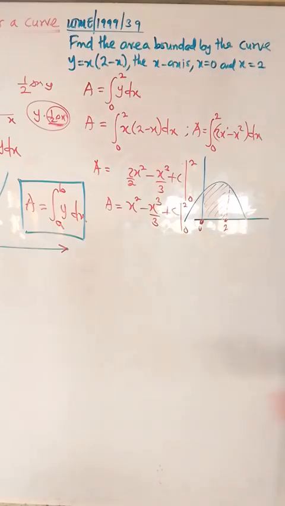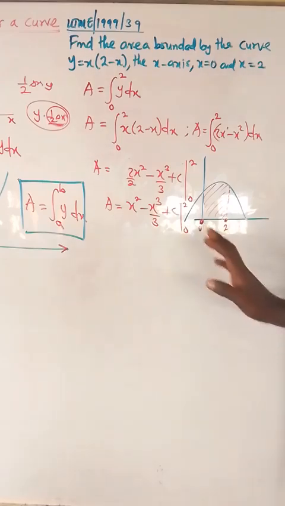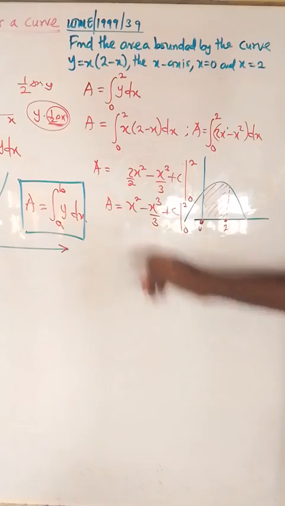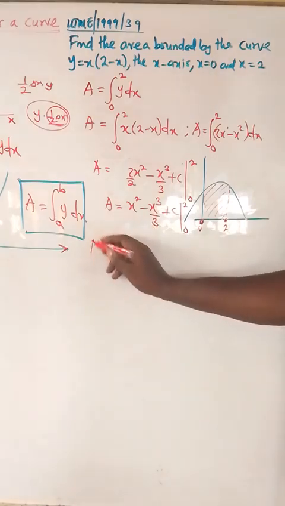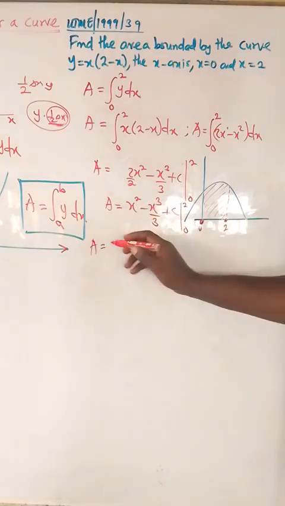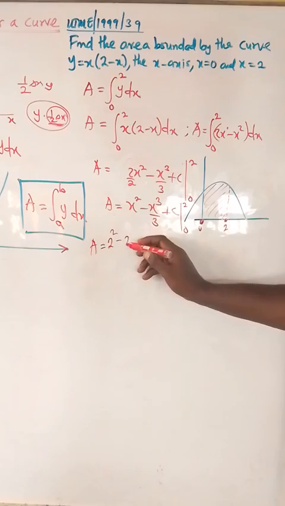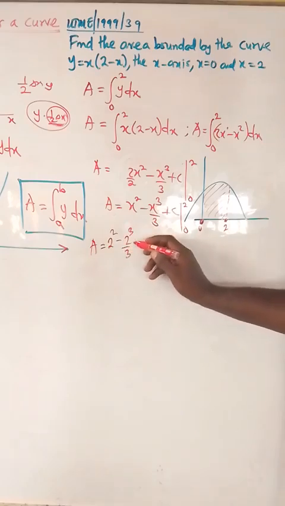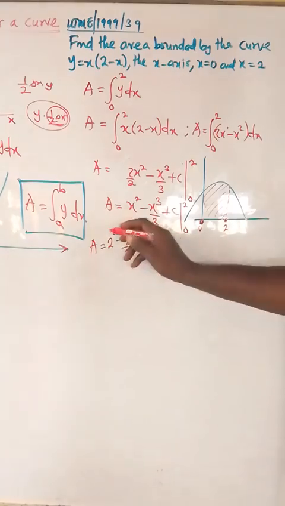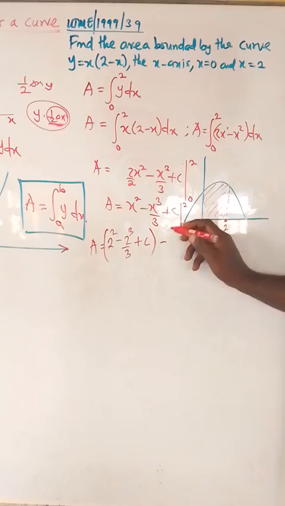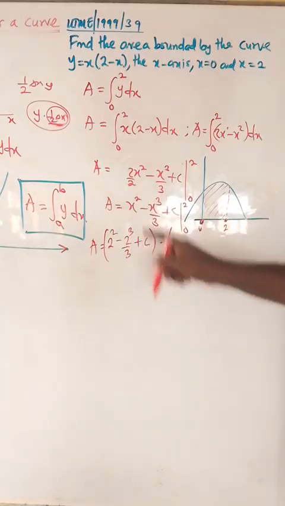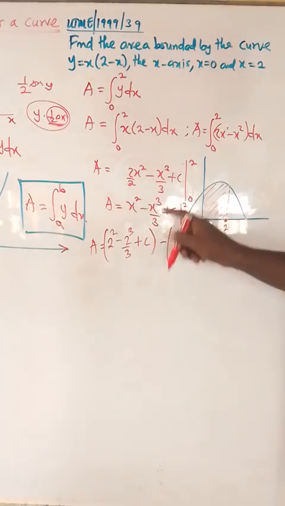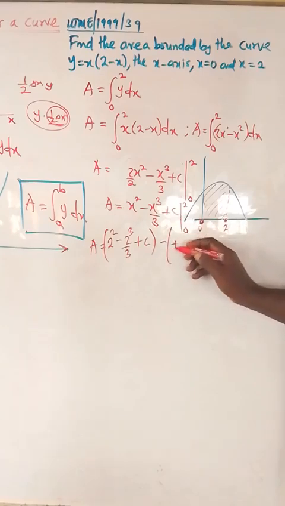Let's insert 2. If we insert 2 here, the area becomes 2 squared minus 2 cubed over 3 plus c. Minus, then we insert 0. 0 squared is 0. 0 cubed over 3 is 0, then plus c.